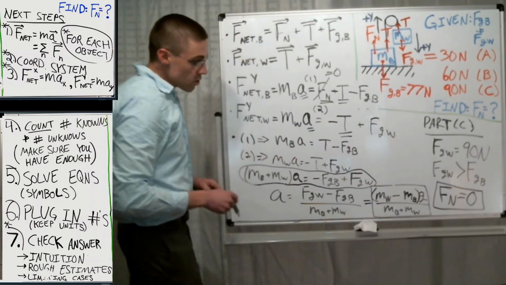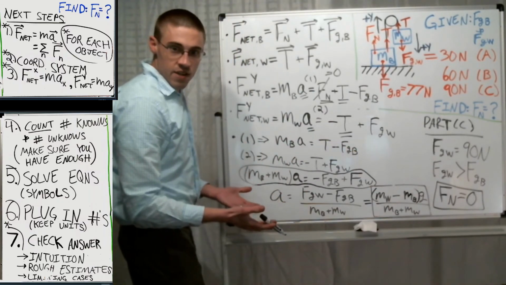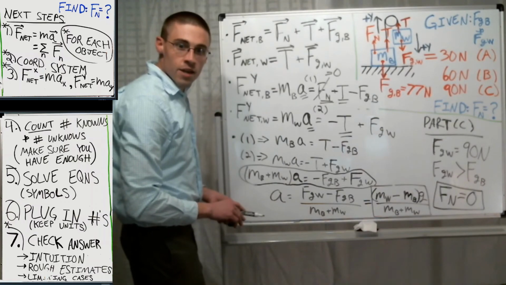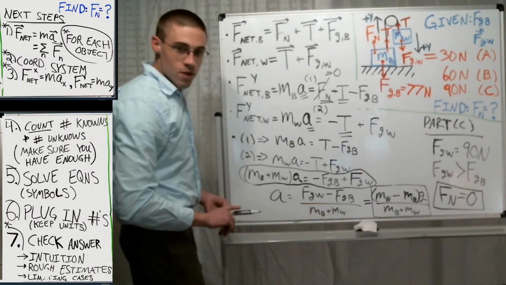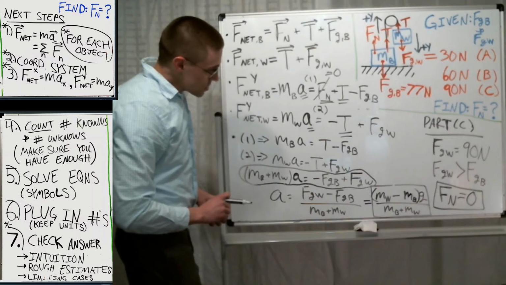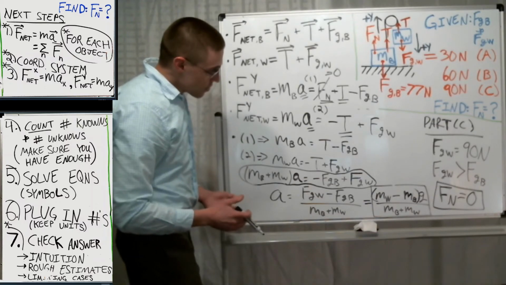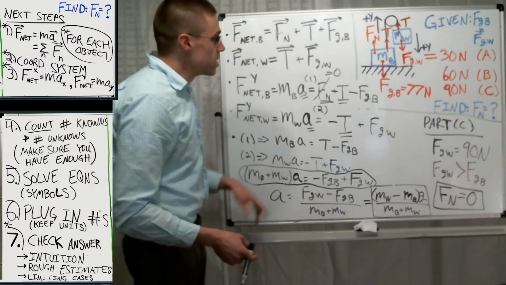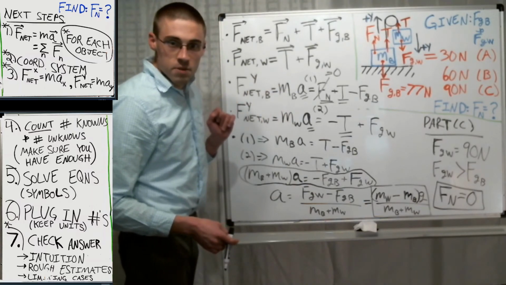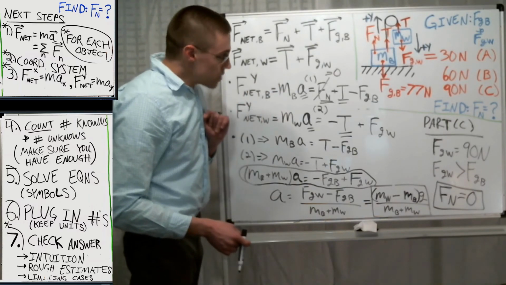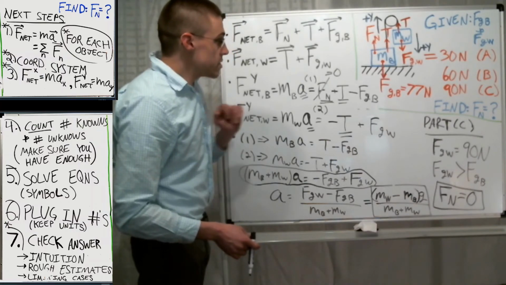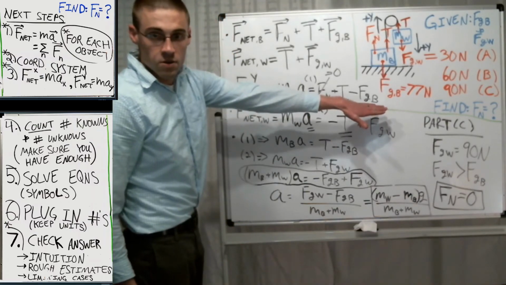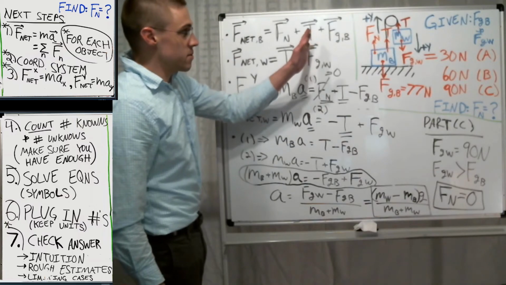Okay, so let's just do some sanity checks on this, because I do want to get all the way down to number 7. Number 7, some sanity checks. Well, I already said before, a good sanity check would be, what if MB equals MW? Well, if MB equals MW, and we're in this case here where the normal force is 0, then what's going to happen to this system?